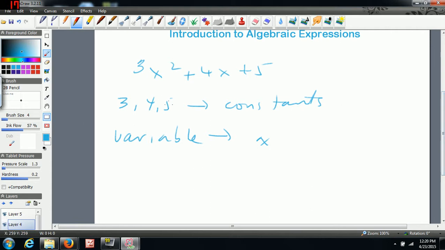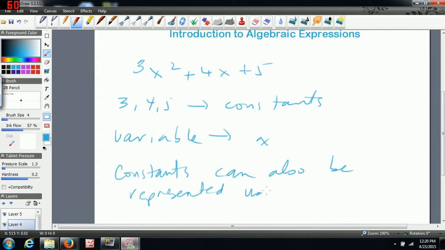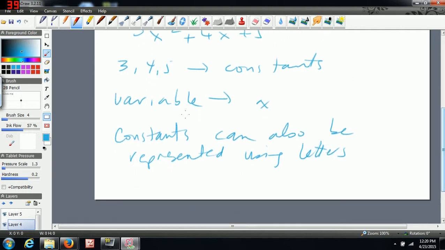Now, sometimes in mathematics, constants will also be represented using a letter. For example, you might have ax squared plus bx plus c, where x represents a variable, however a, b, and c will represent constants.